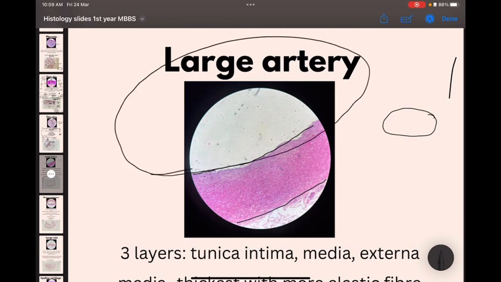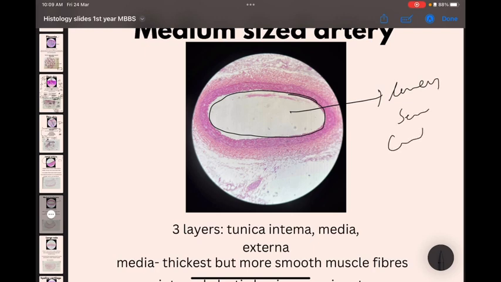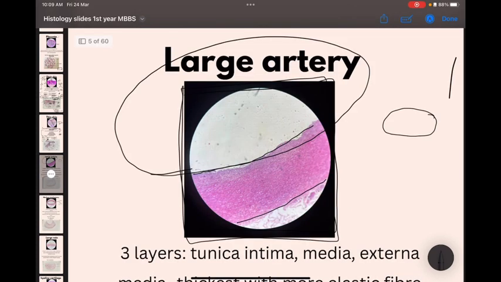We can see only this field of the large artery, whereas in the case of medium sized artery, the whole artery lumen is seen completely, whereas in large size it is not possible to see the complete lumen.